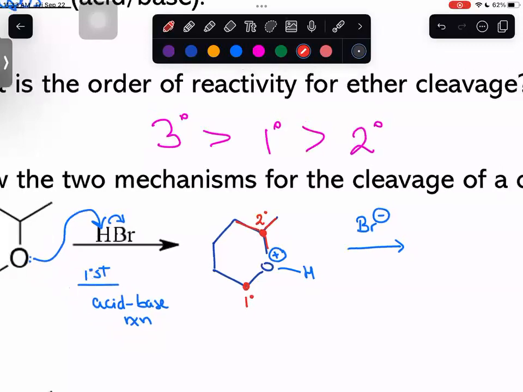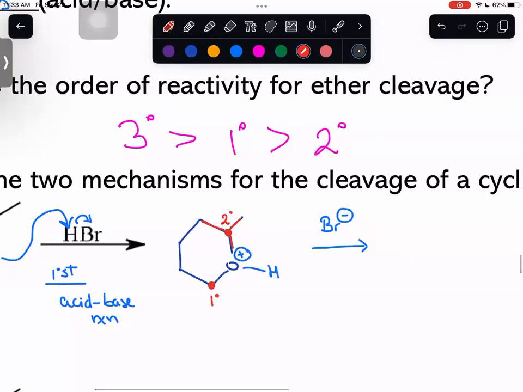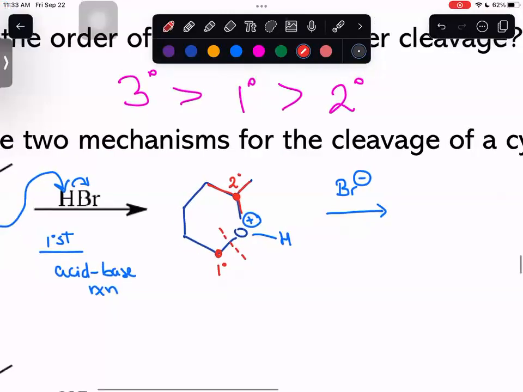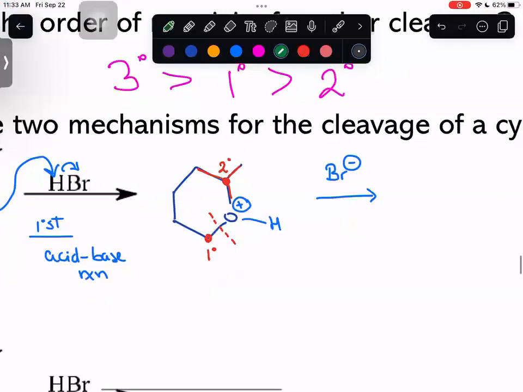Okay, so in this case, we have the two rankings. After that, you just have to look at what the actual trend is. What's going to be preferred to cleave, secondary or primary? Primary. So that means I'm going to be cleaving the bond here. Once I do that, that structure is going to be linear. So let's keep track of our carbons.